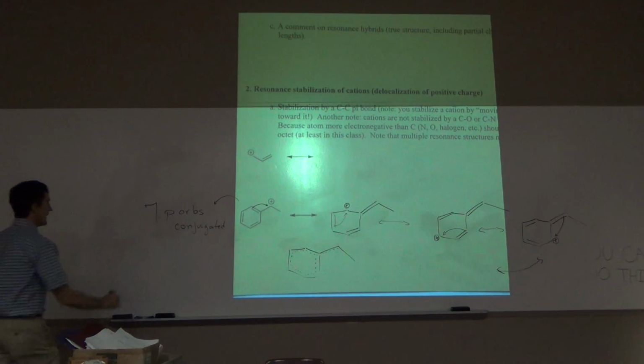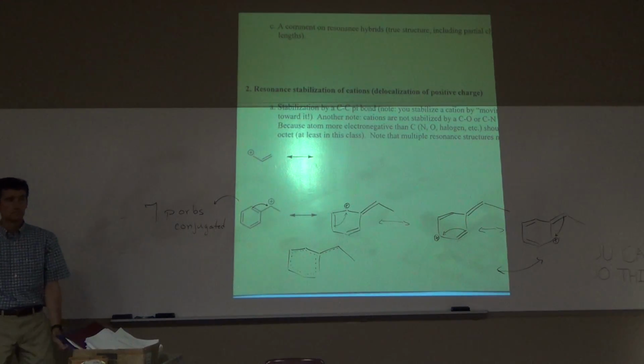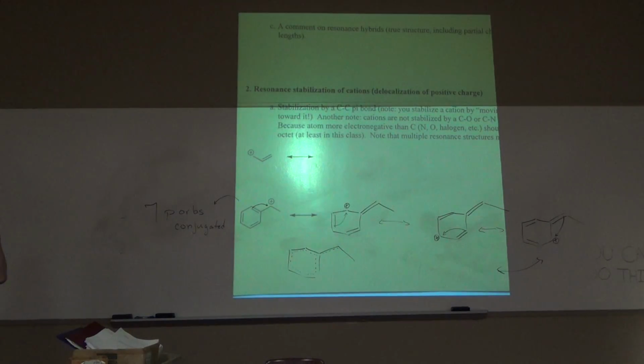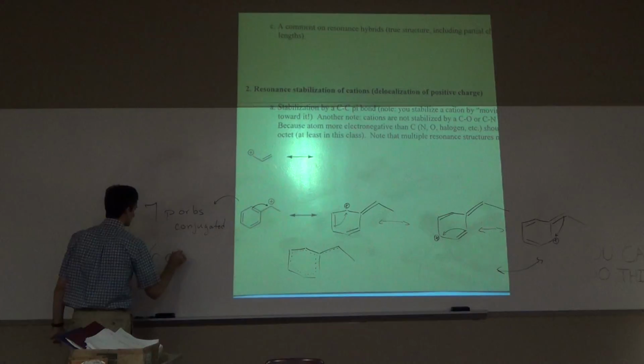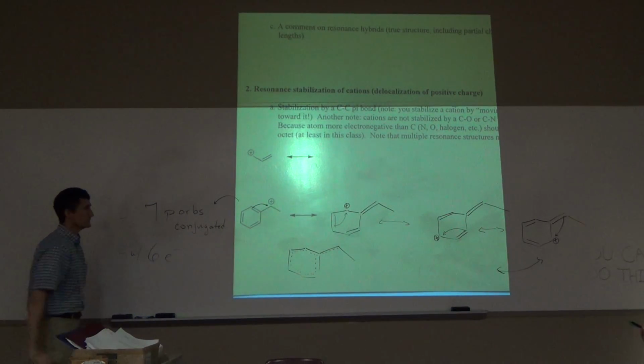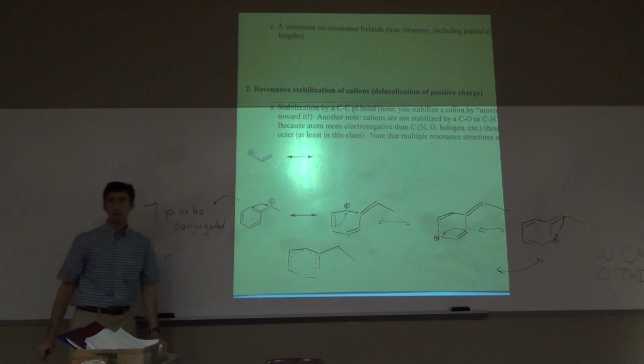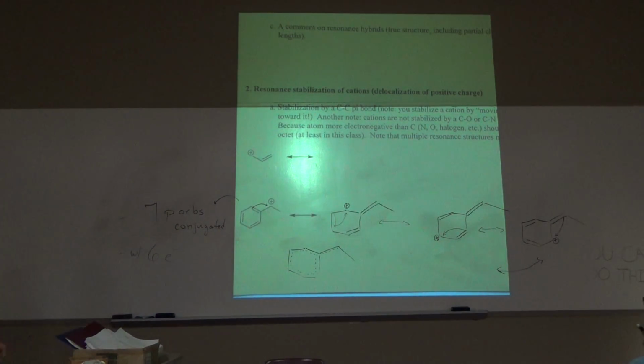Okay. How many electrons are in the pi system? How many electrons in these 7 p orbitals? 6 electrons. 2, 4, 6. There's not one there. Okay. Go back up here.